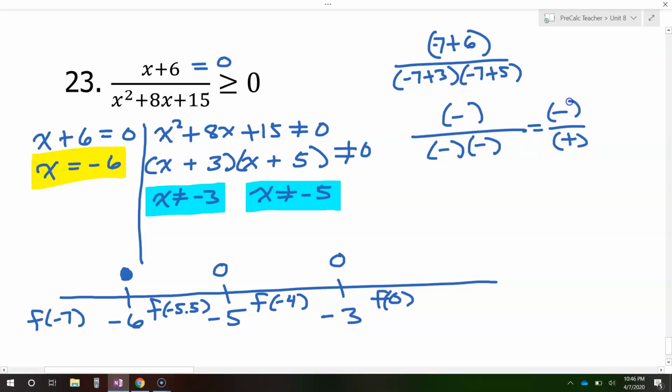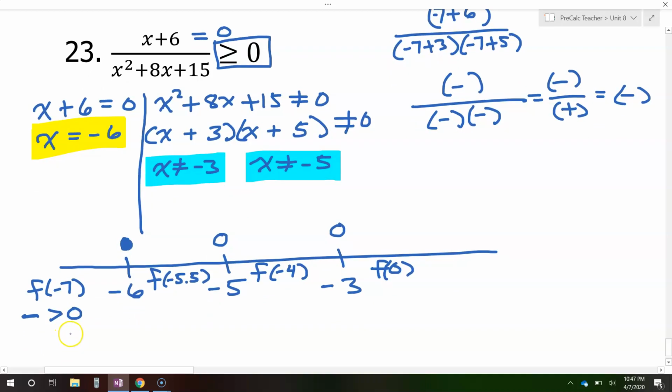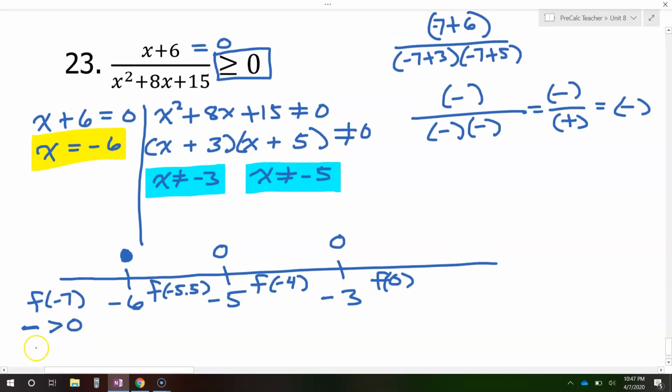But then a negative divided by a positive is a negative. So I'm going to get a negative. So the question is, is it greater than or equal to 0? So is a negative number greater than 0? And of course, the answer to that is no. So there will be no solutions in this interval.